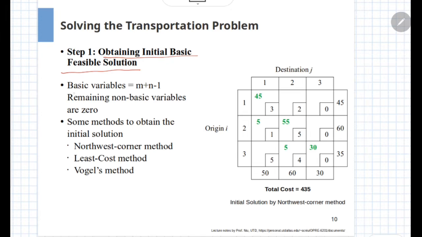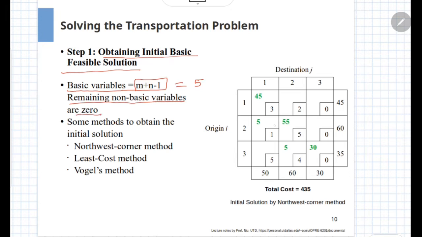The basic feasible solution has a number of basic variables equal to m plus n minus 1. So for our problem, which has 3 origins and 3 destinations, we will have the initial number of basic variables as 5, and all remaining non-basic variables are 0.